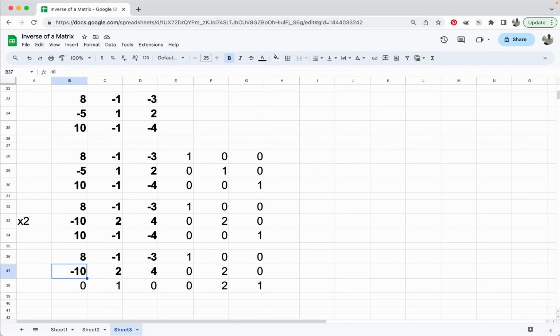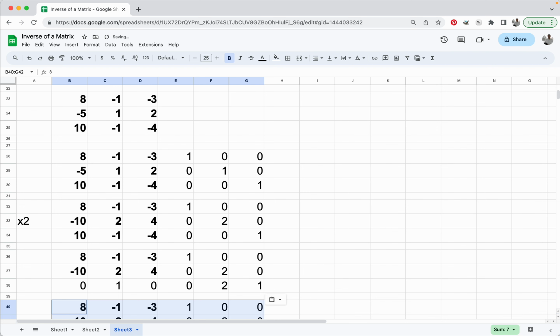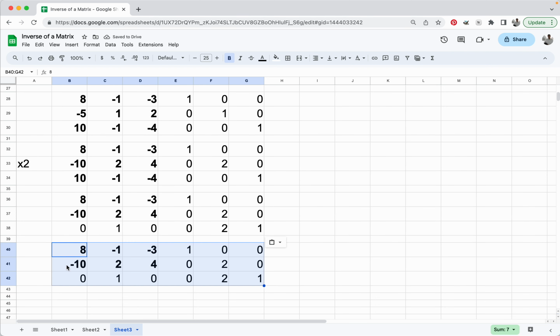Now I would like to make this minus 10 become 0. So the first row I copy as is. I'll multiply this by 8. So this will become minus 80, 2 into 8 is 16, 4 into 8 is 32, 0, 8 2s are 16, 0.